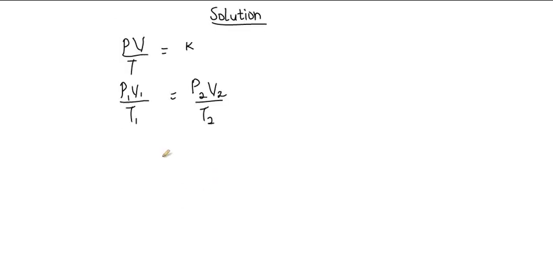T2. So after writing out the formula, the next thing to do is to write out the values given in the question. So from the question, we have our P1, which is the pressure of the gas at STP, to be 760 mmHg. V1 is given as 30.0 dm³.